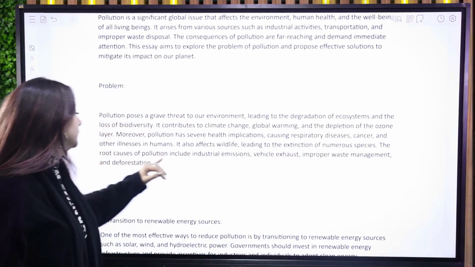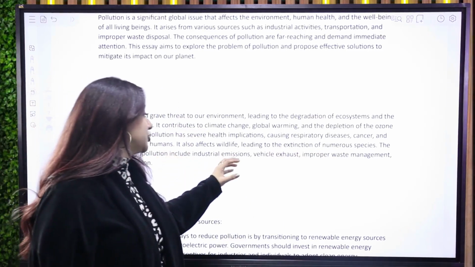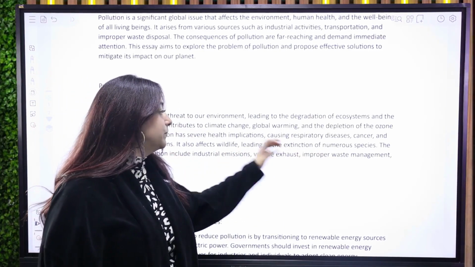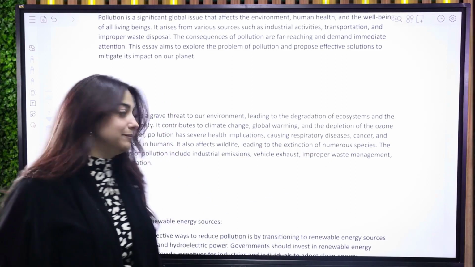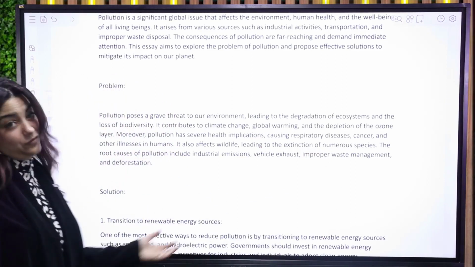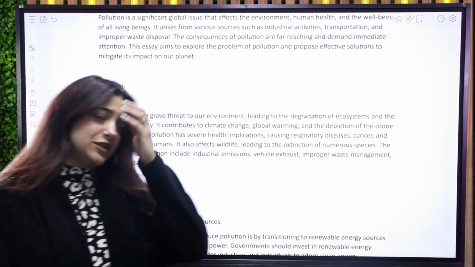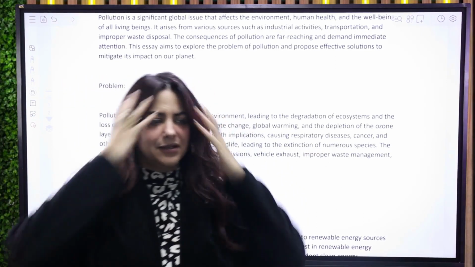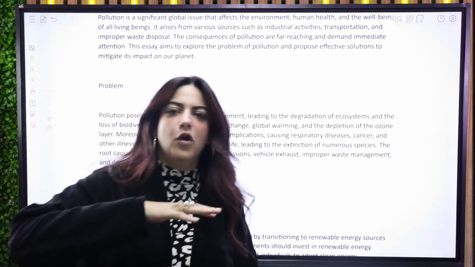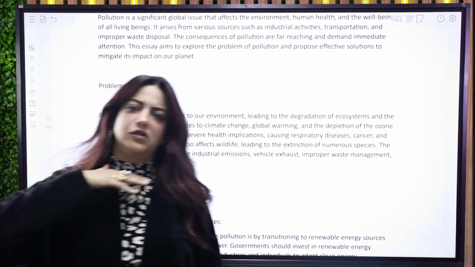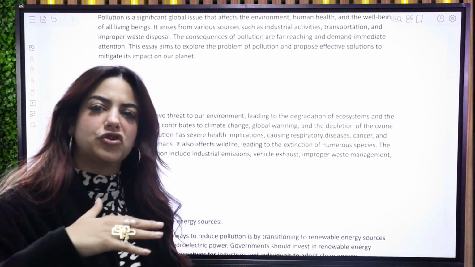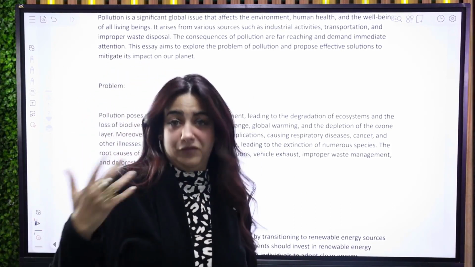The root causes of pollution include industrial emissions, vehicle exhaust, improper waste management, and deforestation, of course. So, as you know, deforestation is cutting the plants or cutting trees, cutting whatever is green, giving us good oxygen, or fresh levels of air.